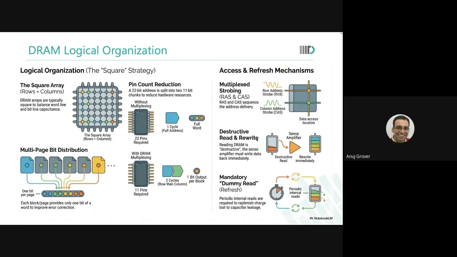Now, each of these 4 bits that a high energy particle would have corrupted would come from a different word. So even though 4 bits got corrupted, they came from different words. So for every word you just need to correct 1 bit. A simple error correction code, like single error correction, is good enough for you.